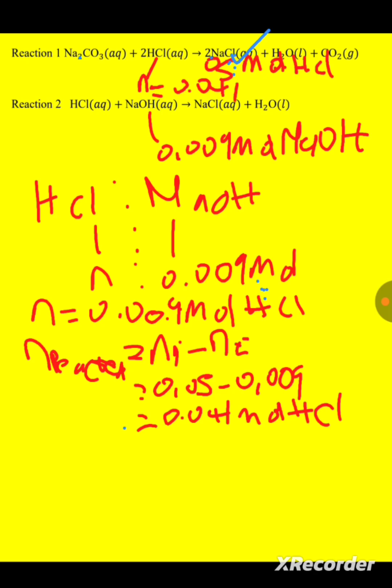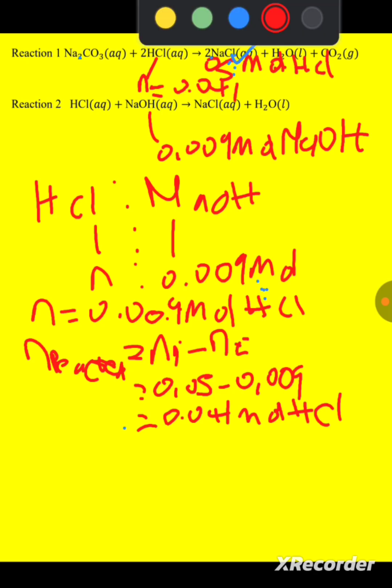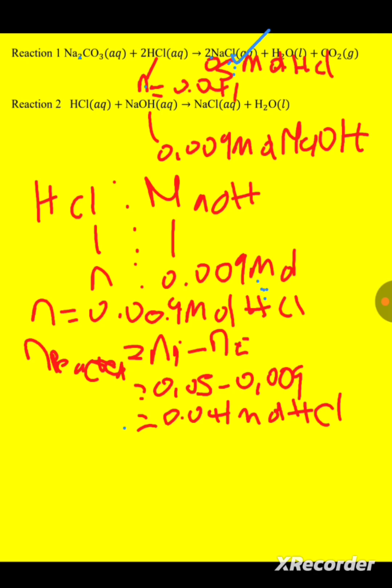This number of moles, I'm now going to use in a ratio to get information about this one.